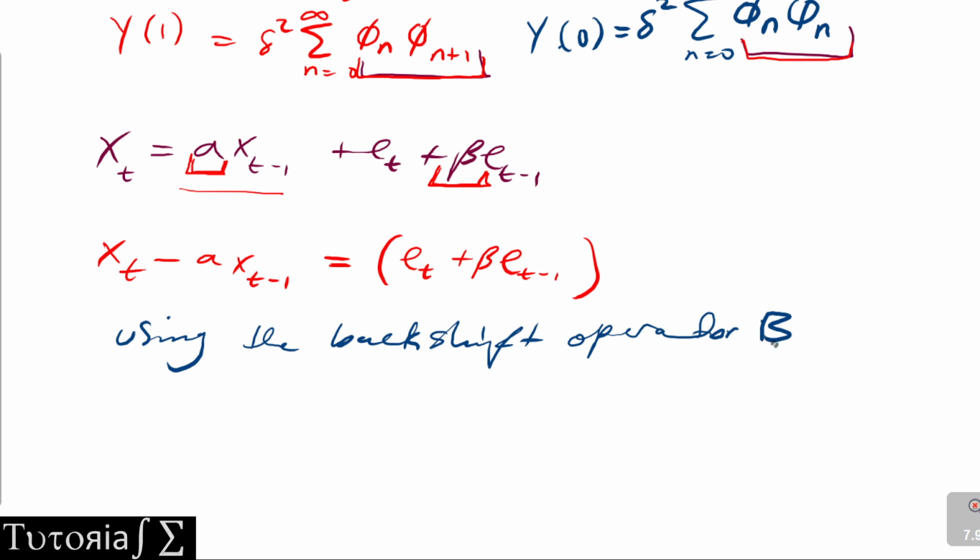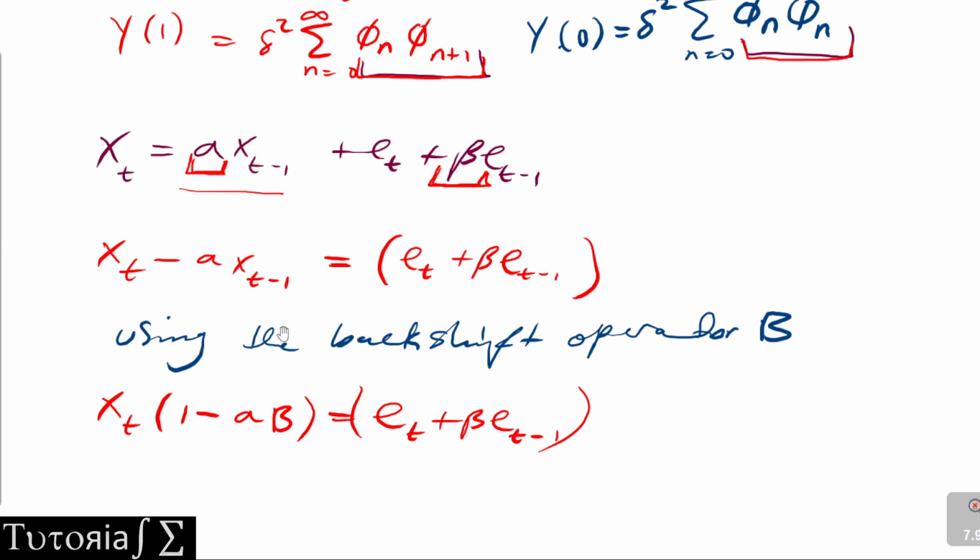So, using the backshift operator B, we can factor out xt here, so that xt times (1 minus a B), with B the backshift operator with 1 lag, so xt with 1 lag, is equal to et plus beta et minus 1.